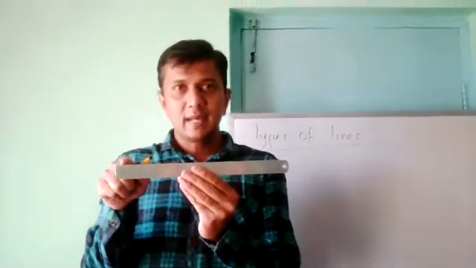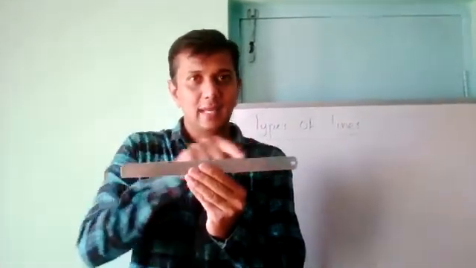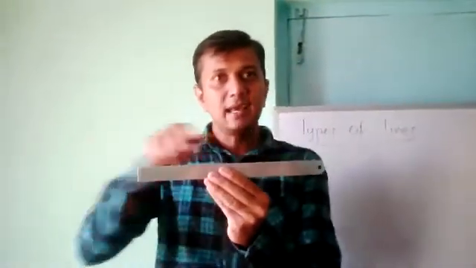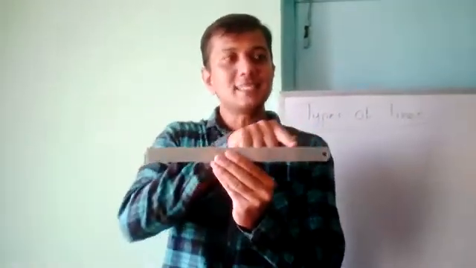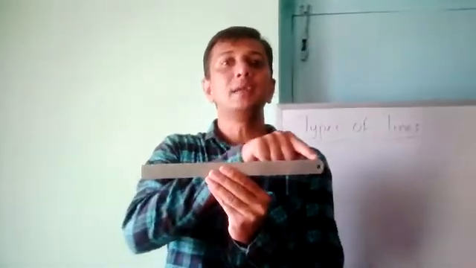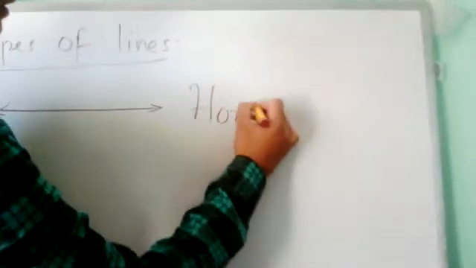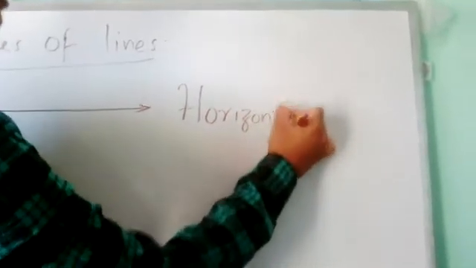If you consider this as the line or line segment, it is arranged in a sleeping manner. This is called a horizontal line.